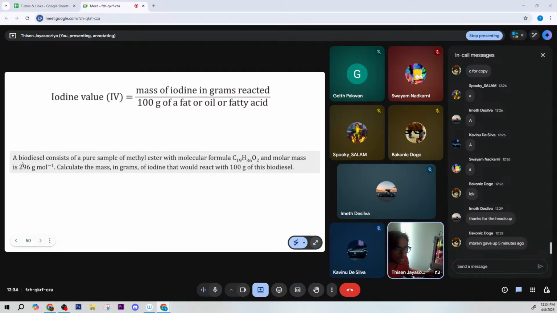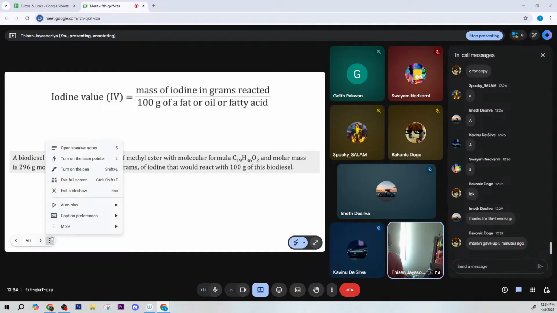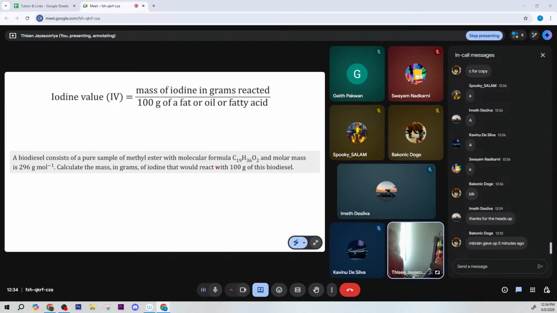Here, we need to remember, it says here biodiesel, yeah? So this question's actually tricked us, right? It said biodiesel, which means that we need to find out what original molecule it's made out of. So remember, it has this CH3 bonded with the O, bonded with C, double bond O, and the rest of this chain is just C. In the fatty acid version, we don't have this whole thing, right?